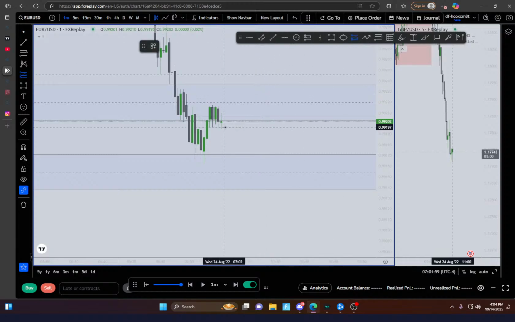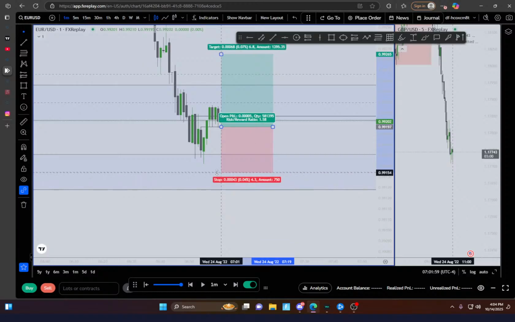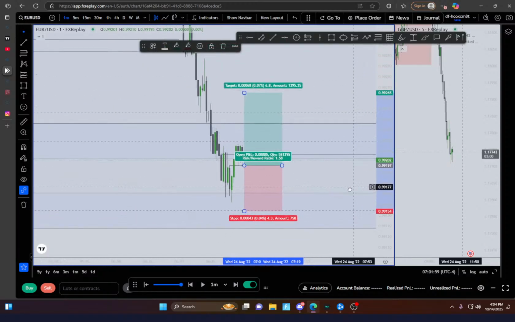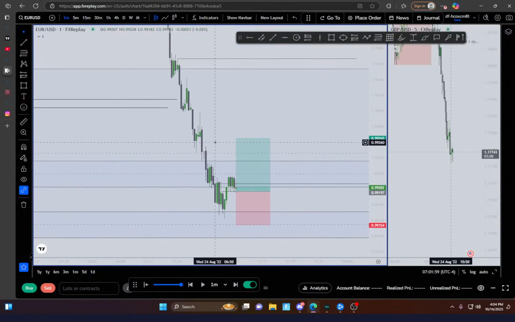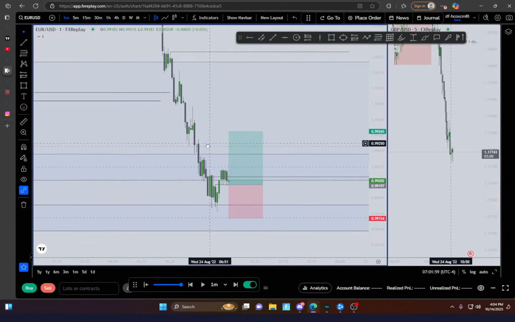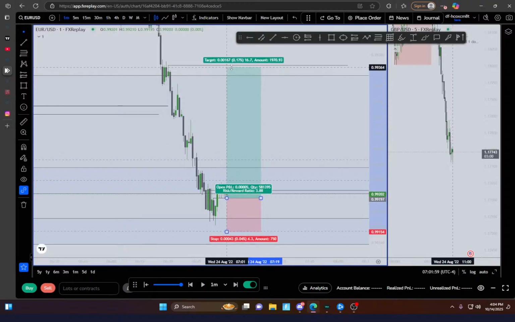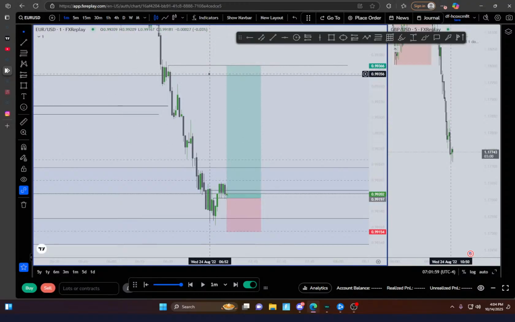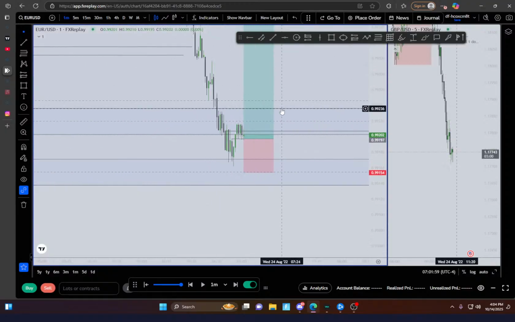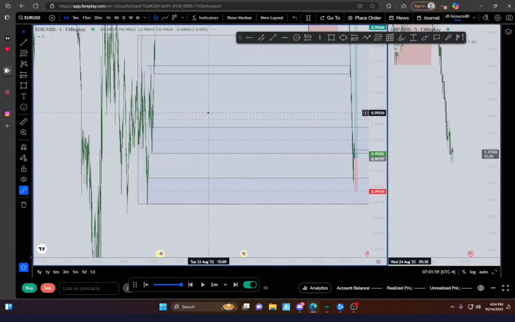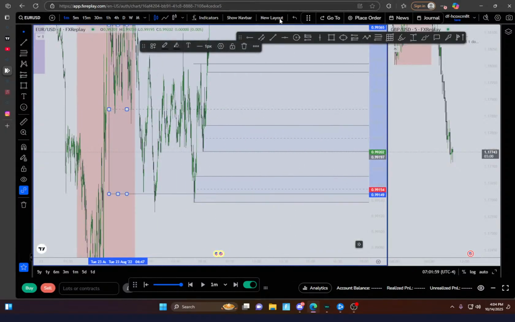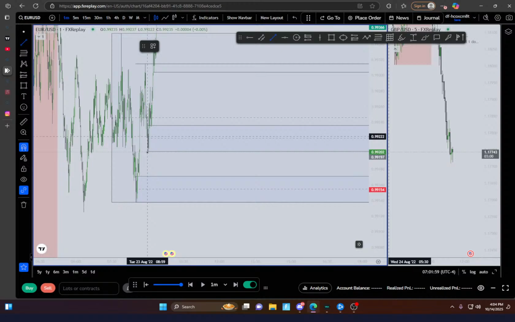So we can take a trade right here, and then I don't want to be stupid, and like I said, target this inefficiency. So let's see, what is this? So sweep of this low. Let's give me even more confirmation.